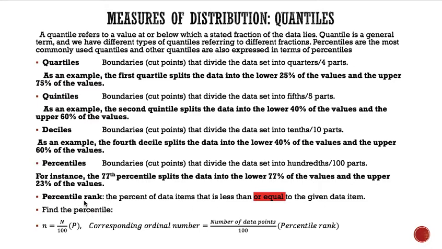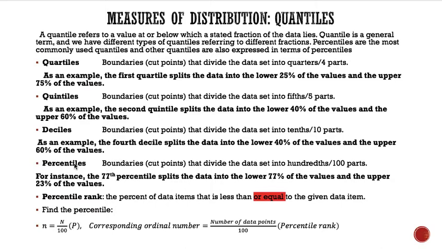Percentile rank is the percent of data that is less than or equal to the given data item. Percentile is different from percentile rank. Sometimes we do not need to distinguish these two terminologies in our daily life.